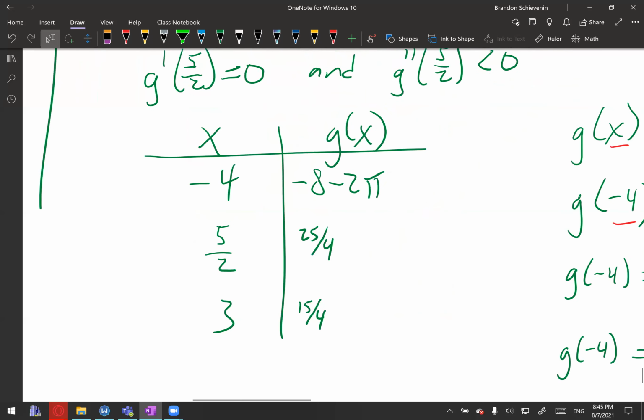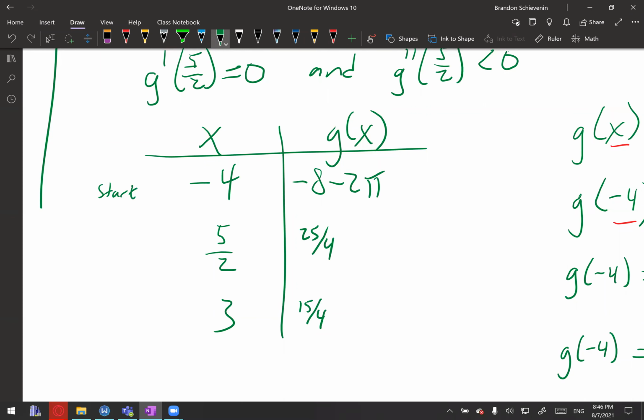Okay, so what I have here is our x values, and we want to know which could be the largest y value. That's my start point, our maximum, and our endpoint. Just write relative maximum maybe.